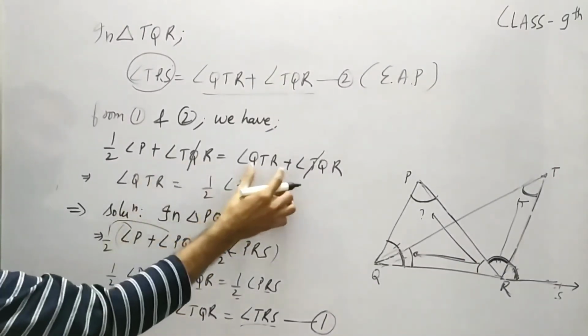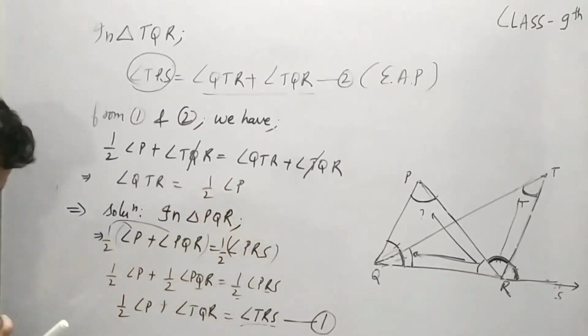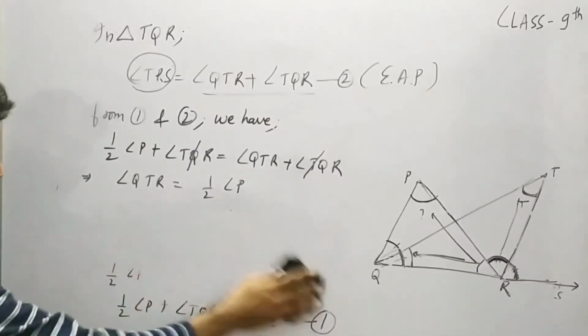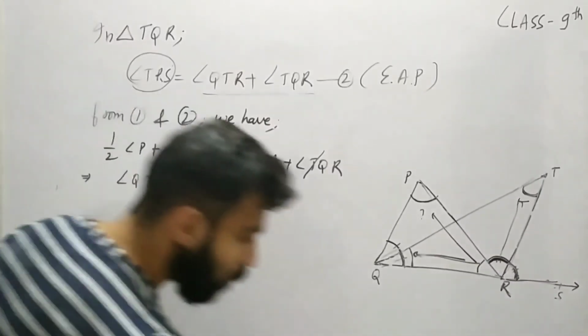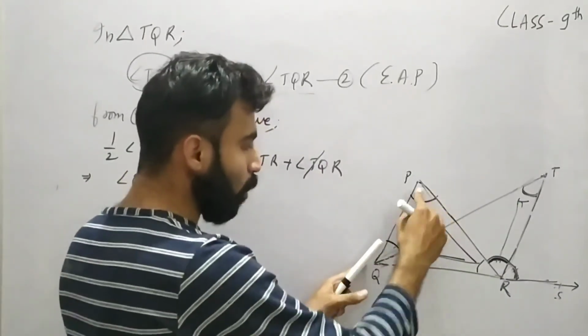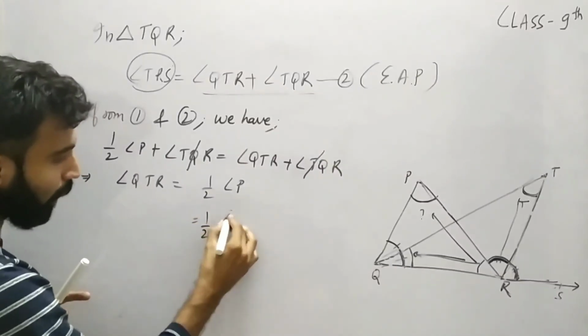This is what we expected from here. I have written this on the left hand side and this on the right hand side, so no change here. Now, half angle P: angle P can also be written as angle QPR, so let me write it as half angle QPR.